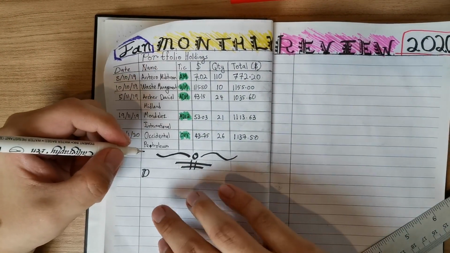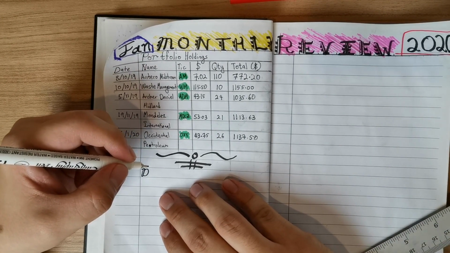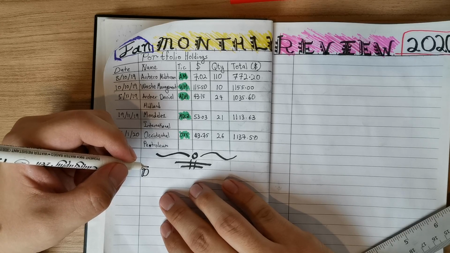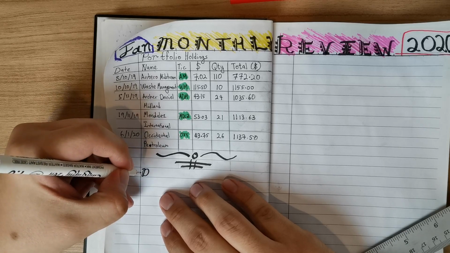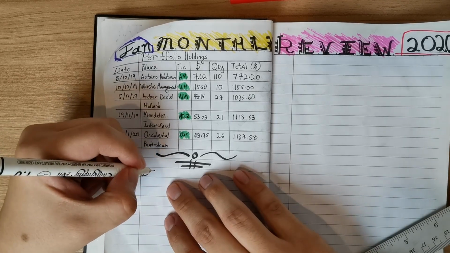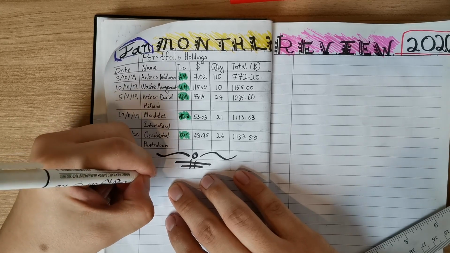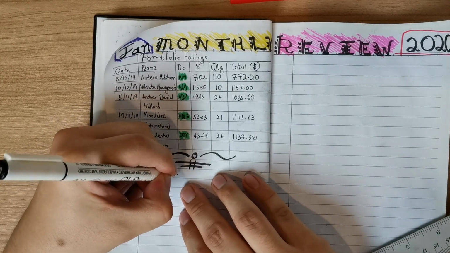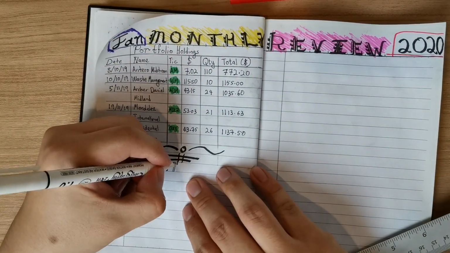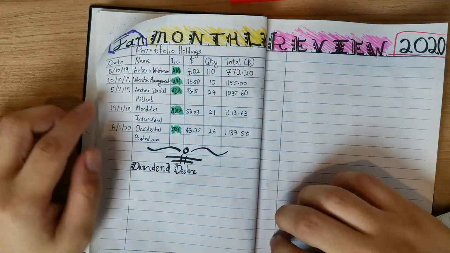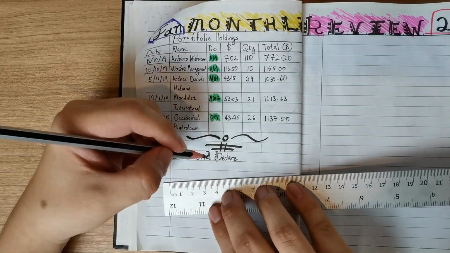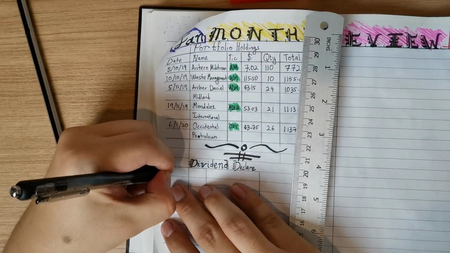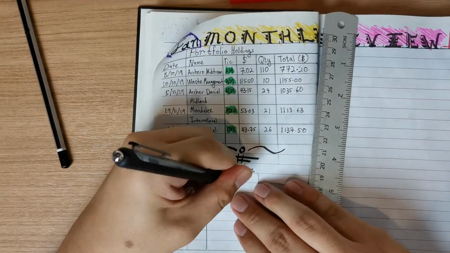The reason I'm a bit more decorative with the dividend side is because I feel that dividend is like a natural passive income cash flow, and I put more heart into it, so hence I decided to make the dividend side more heartfelt.